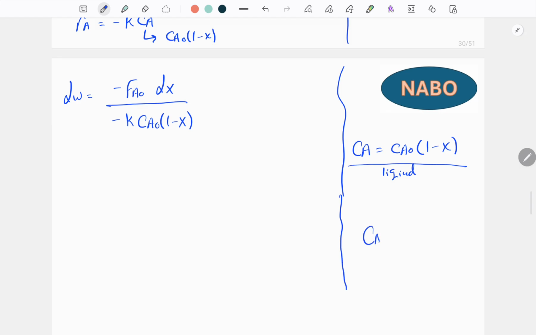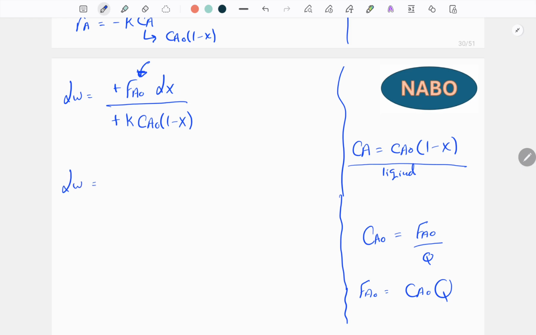We can also say that the concentration equals the mole flow rate over the volumetric flow rate. Therefore, Fa naught equals Ca naught times Q. Q is the volumetric flow rate. We can substitute that also in here. These signs will cancel out.